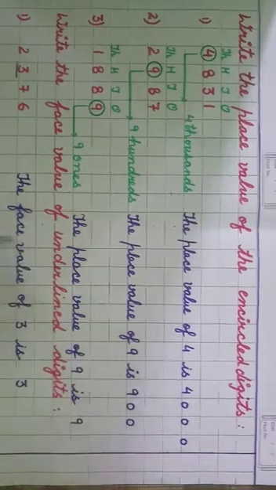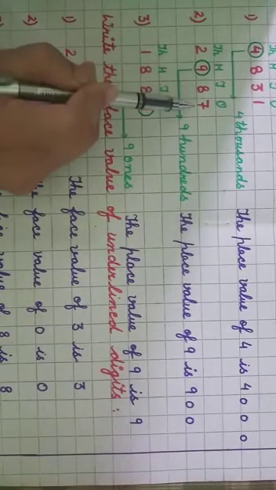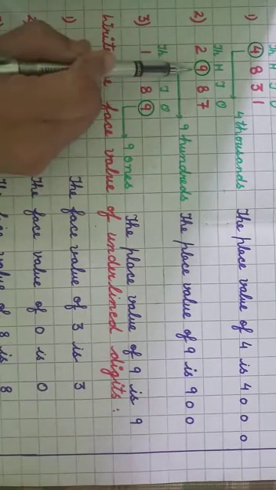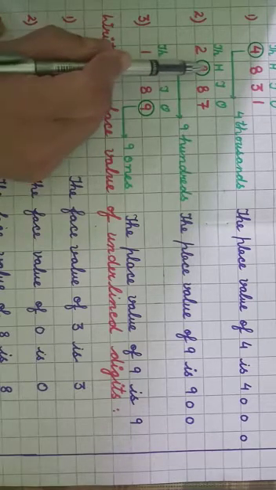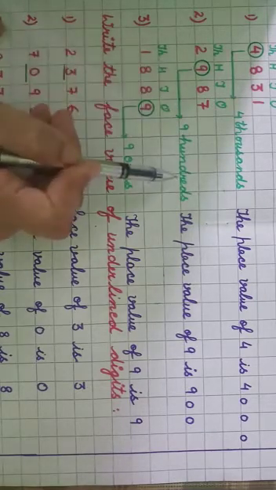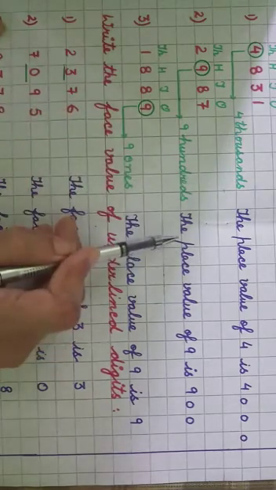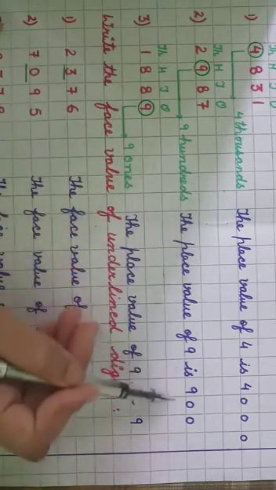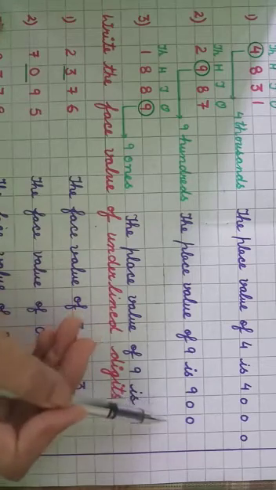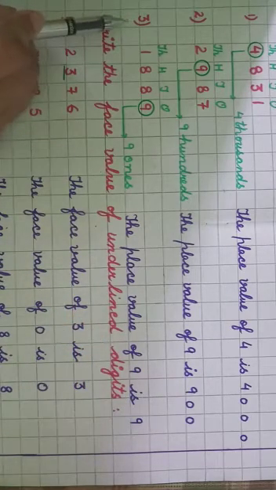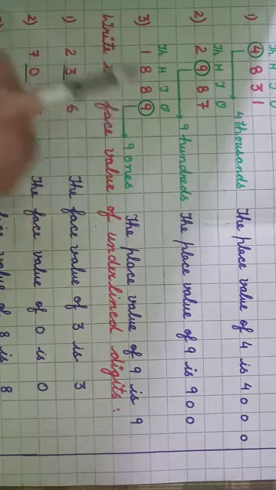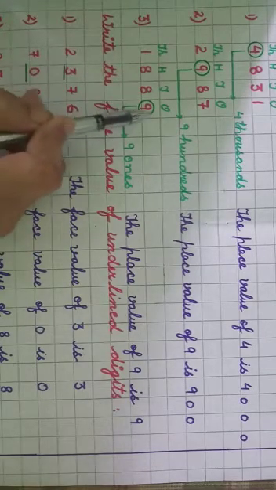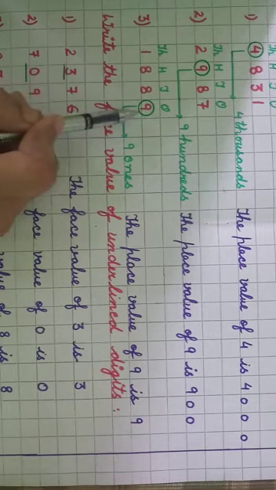Now in the second sum, 2987. Now 9 is encircled and 9 is in hundreds place. So its place value will be 9 hundreds. And the answer will be the place value of 9 is 900. Now in the third number, 1889, 9 is encircled which is in ones place.